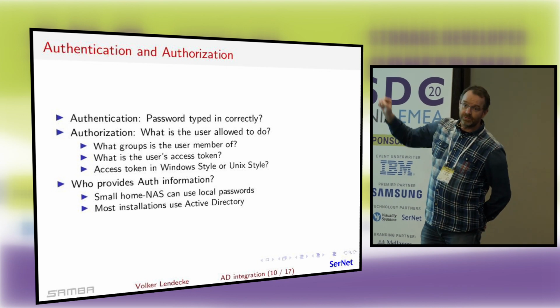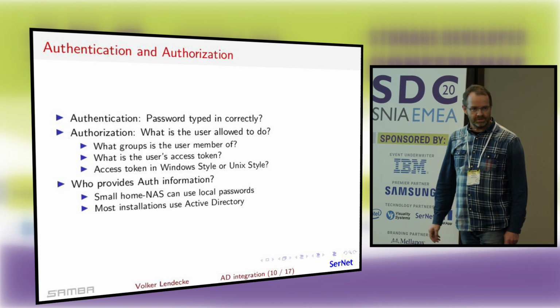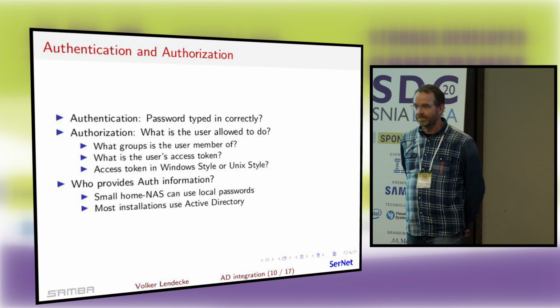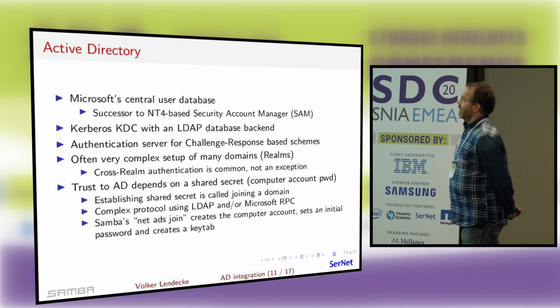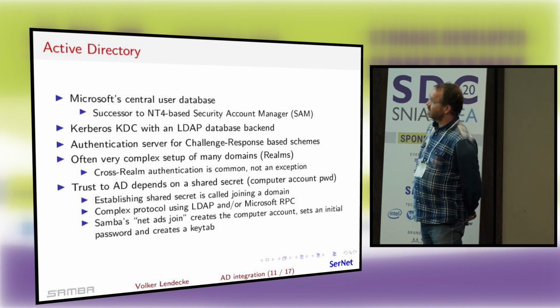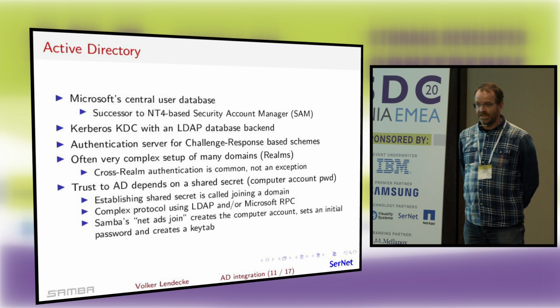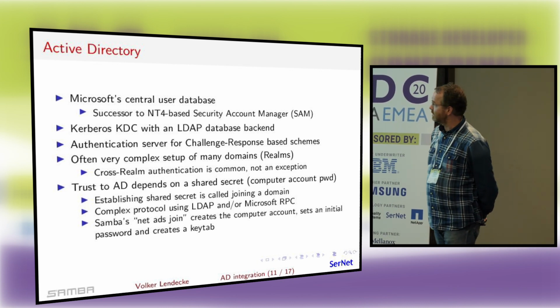Who provides this information? For a home NAS box, it can be local passwords. Typical deployments are all Active Directory these days. What is Active Directory? Essentially, it's a KDC with a big LDAP database with a very special schema, lots of internal magic to maintain internal consistency.